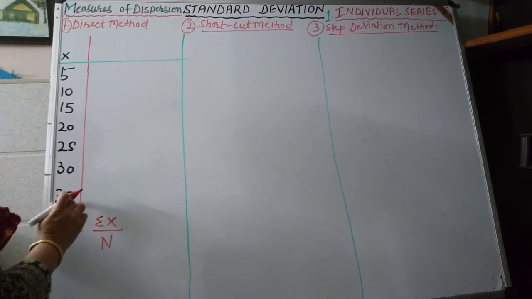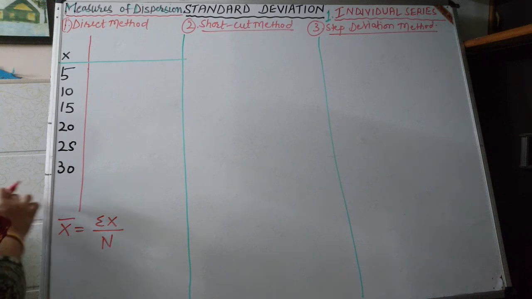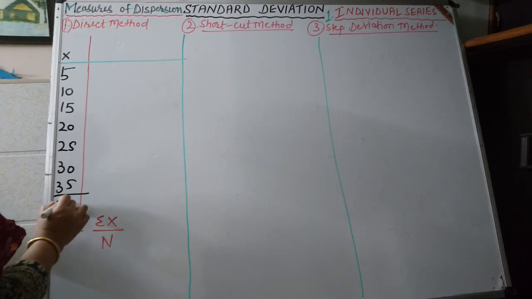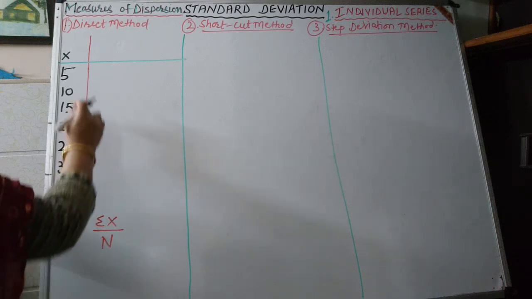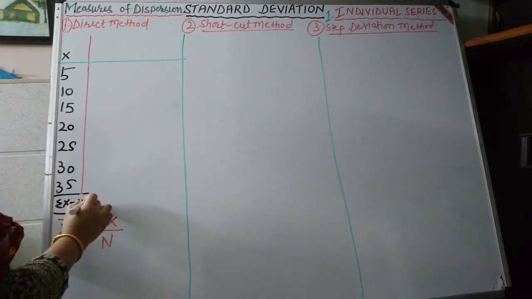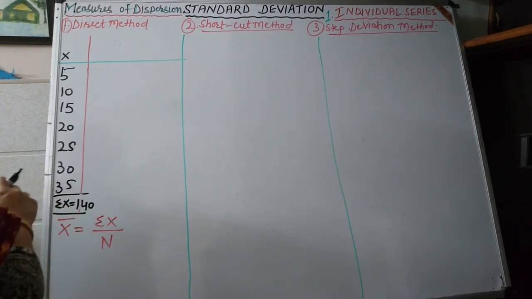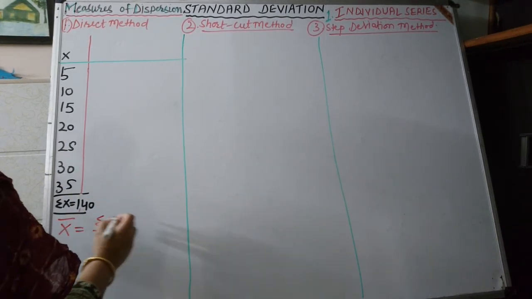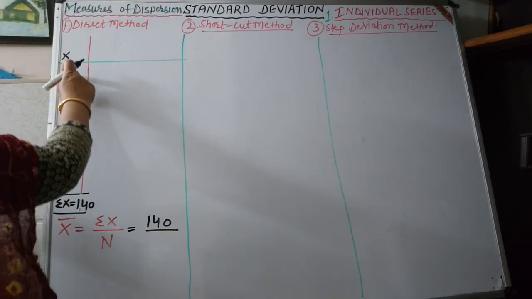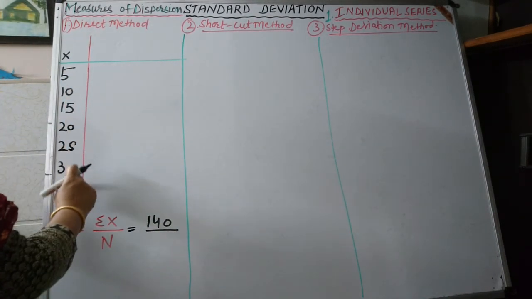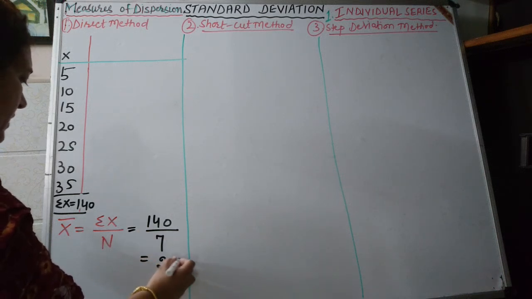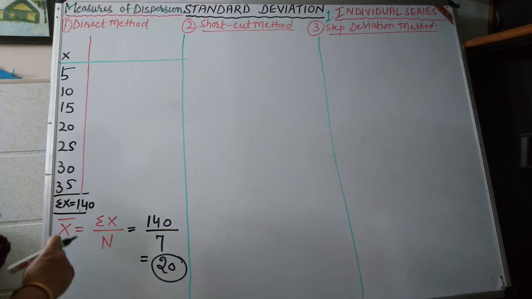So sigma x is equal to 140. And how many items are there? 1, 2, 3, 4, 5, 6, 7. 7 items are there. So the value of x bar is equal to 20.